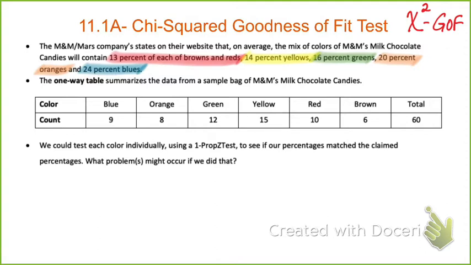So 24% are the blue ones. Those are the color distributions that they state should be in all of the M&Ms across America.